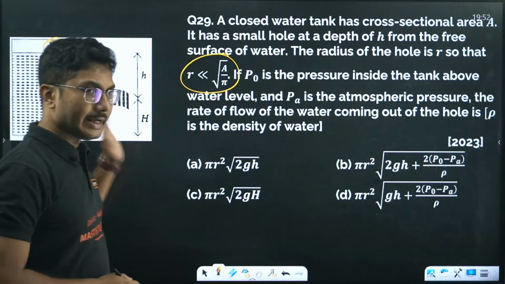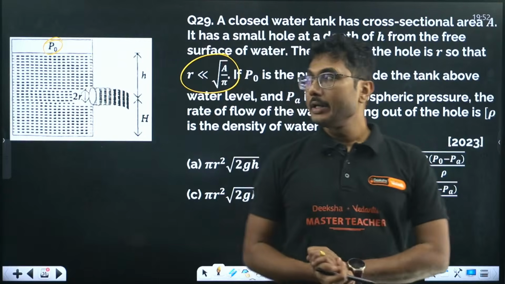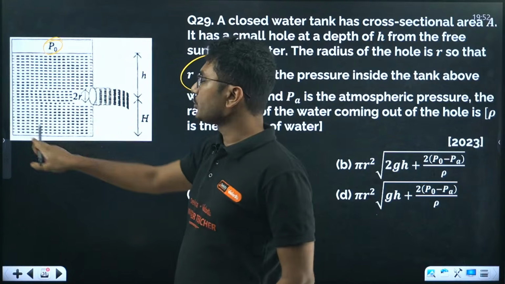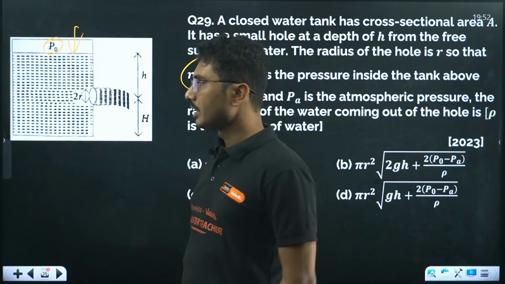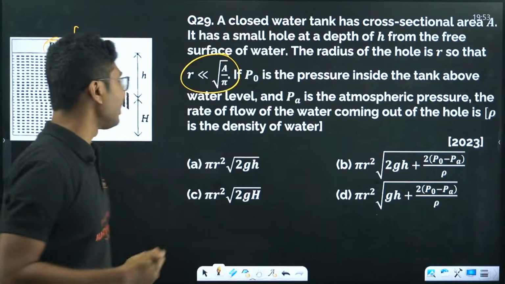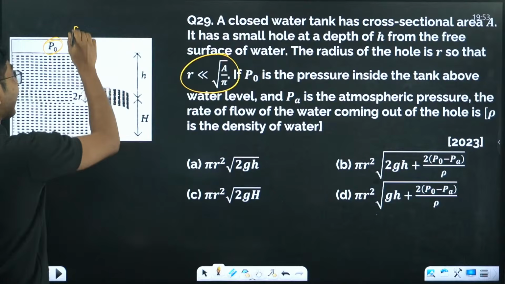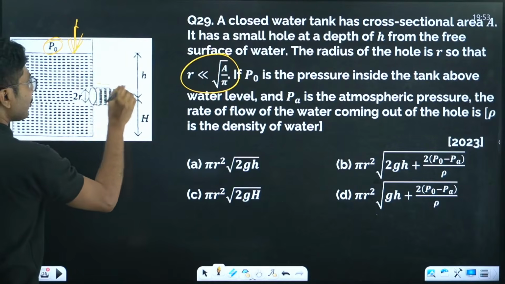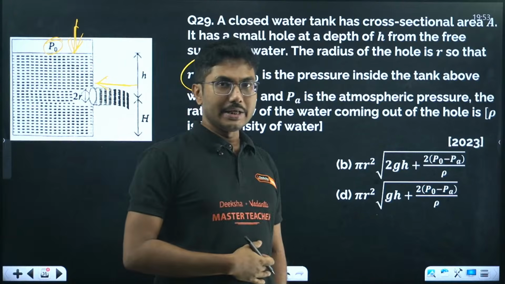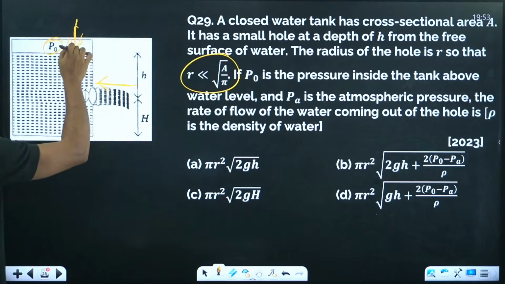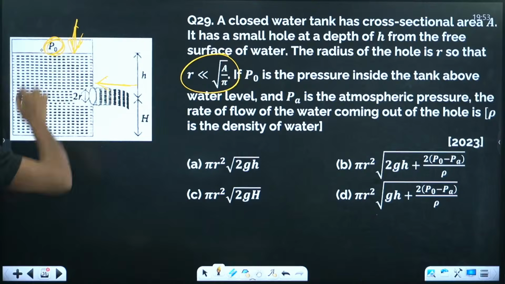So this is again Torricelli's law, but here it is a closed container. Closed container means atmospheric pressure is not acting from this side. Normally what happens in a container, atmospheric pressure is acting from this side, atmospheric pressure is acting from this side, so these two get cancelled. Here atmospheric pressure is not acting from this side, but there is a different pressure P naught.